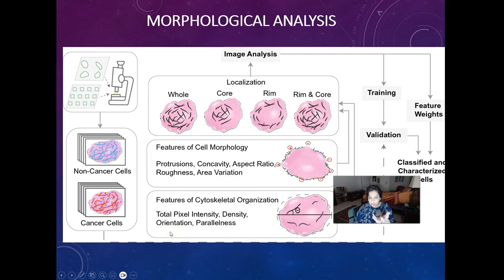We can look at changes in shape, we can look at changes in size, whether something has changed in the way that cell is observed by us, whether it has more bulk or density, whether some part of it is breaking down, whether there is more cytoskeletal structure, more protrusions, anything like that would be part of morphological analysis. Whether it has multiple nuclei, single nuclei, are they misshapen, any of that.